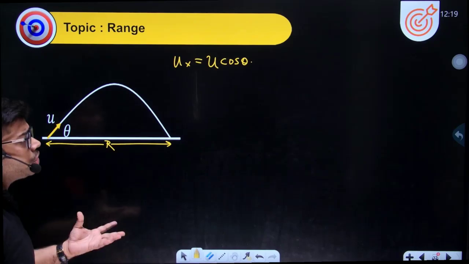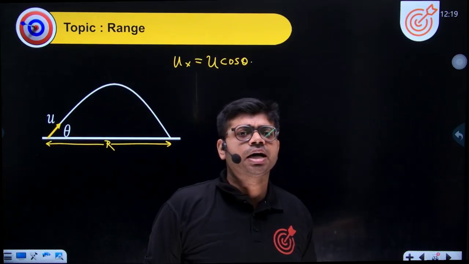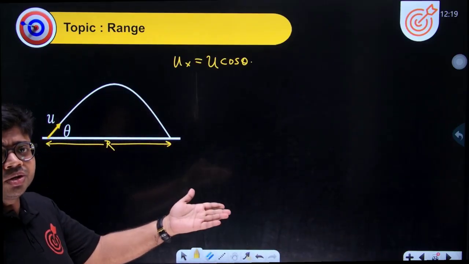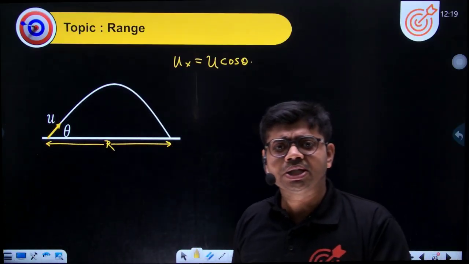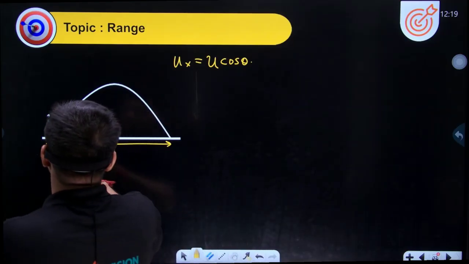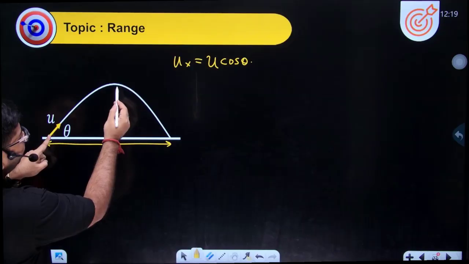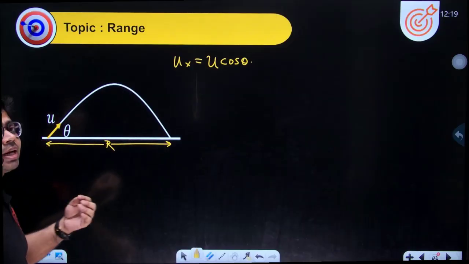Now the range or the distance covered is how much? S is equal to ut plus half gt square. But is there any acceleration here? No. So acceleration is becoming 0. So S is equal to ut. And what is the t here? T means what? From here actually the particle is going up and then falling back. So here the t is nothing but the time of flight.